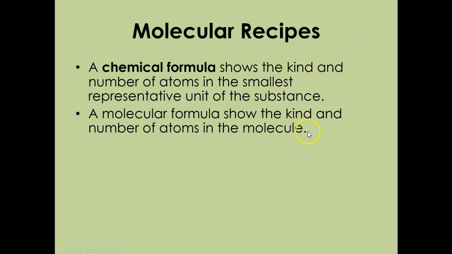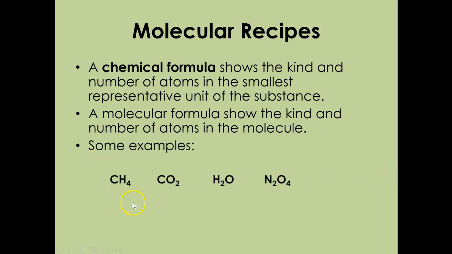A molecular formula actually describes the molecule itself that is the basic unit of a molecular substance. And so CH4 means that there is a single unit that contains 1 carbon and 4 hydrogen atoms that is distinct from the next CH4 unit. It's not just a ratio that these elements are combining in.